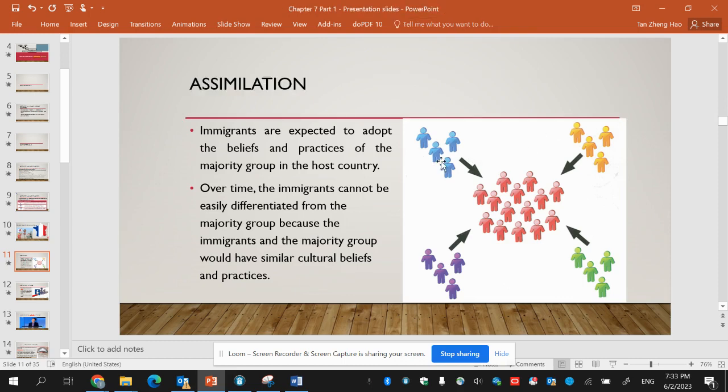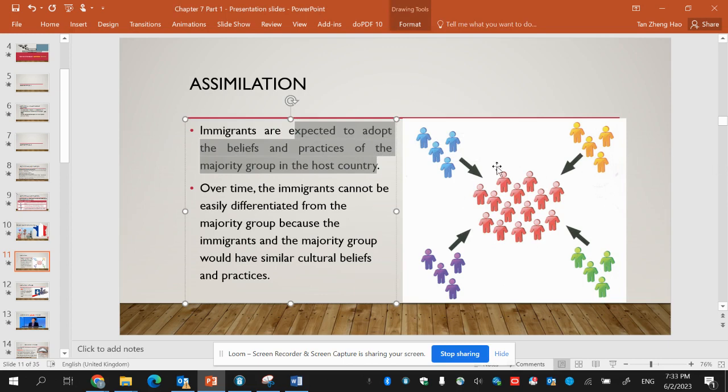If you look at this diagram, in France, you can imagine there's a lot of people. The ones in red are your French people, and there are different groups like Muslims, Jews, maybe Asians, Africans. If you want to come to a country, you are expected to become what the majority is. So you're expected to adopt the beliefs of the majority group in the host country.